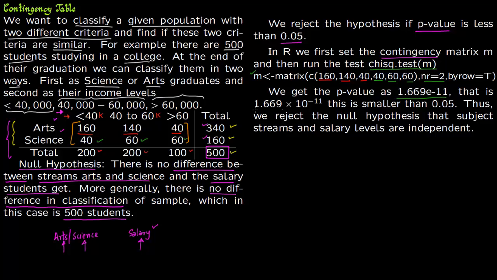This is nothing but 1.669 times 10 to the power of minus 11, which is much smaller than 0.05. So you reject the null hypothesis that subject streams and salary levels are independent. You say that these two things are not independent, which means the salary level depends upon what stream you choose.